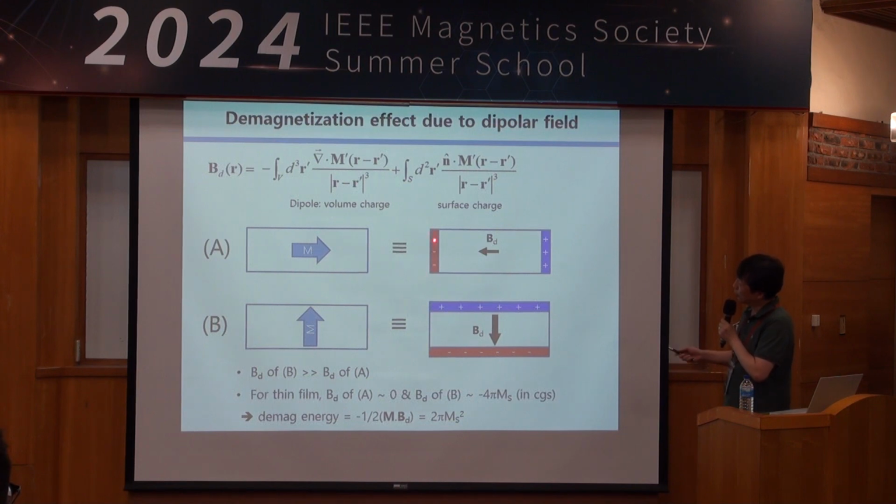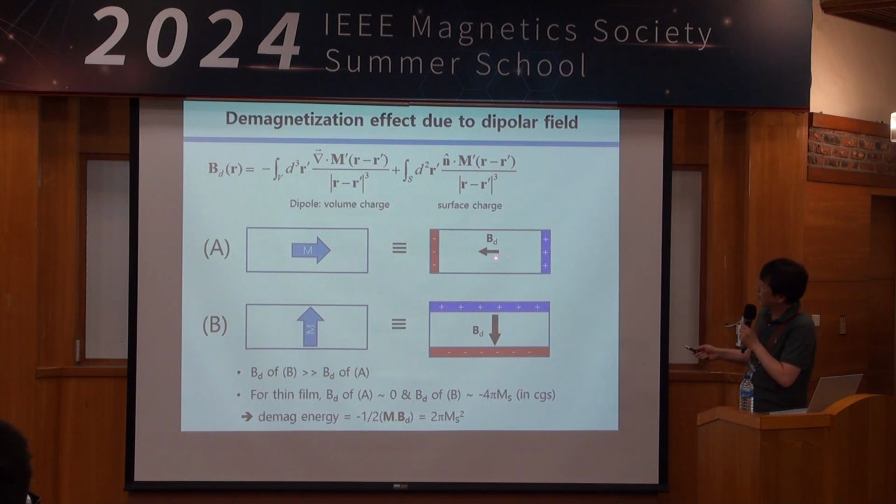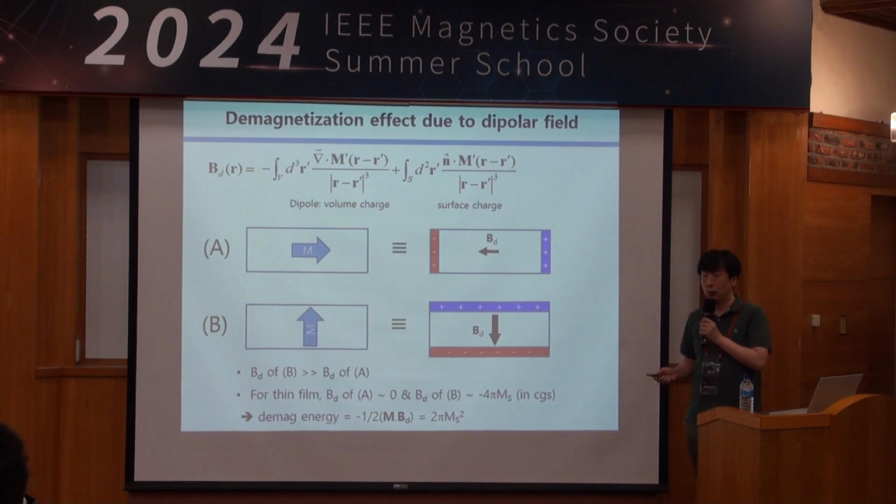And you can also define the negative magnetic charge here. Then you forget about the magnetization, but simply following the electricity idea, my field starts from the positive charge and ends at the negative charge, which means that this field is always in the opposite direction to your magnetization direction. That's why this is called the demagnetization field.